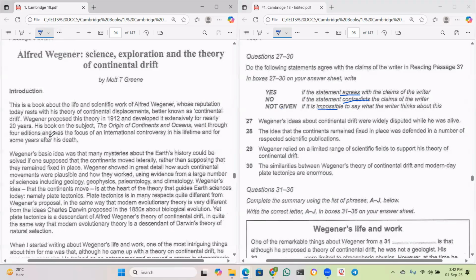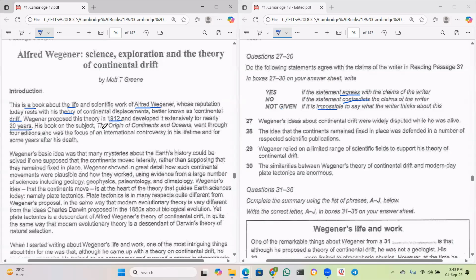Introduction. This is a book about the life and scientific work of Alfred Wegener, whose reputation today rests with his theory of continental displacements, better known as continental drift. Wegener proposed this theory in 1912 and developed it extensively for nearly 20 years.